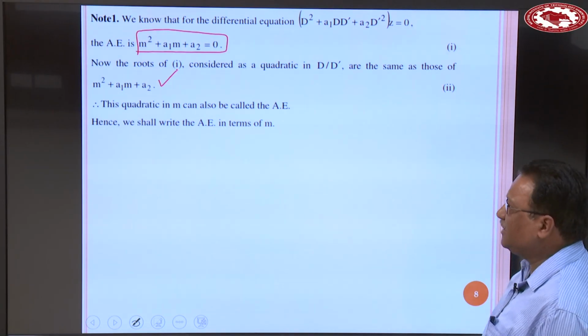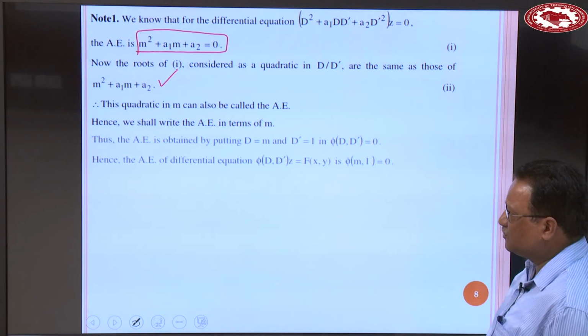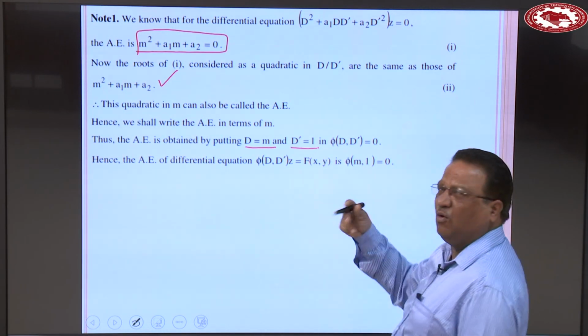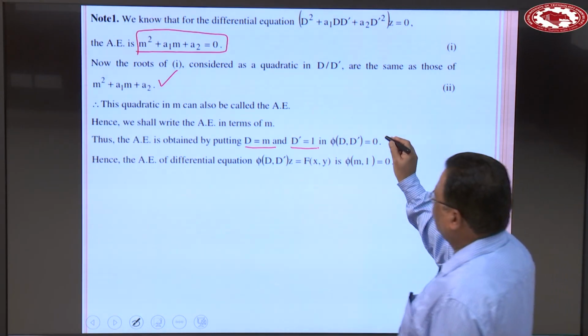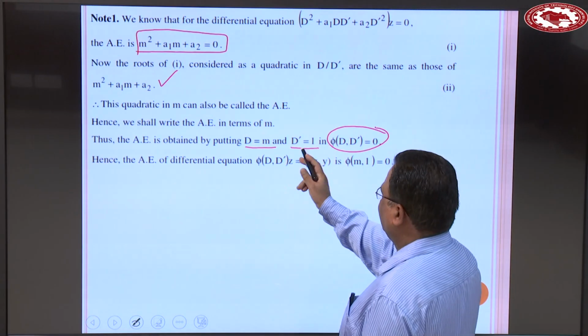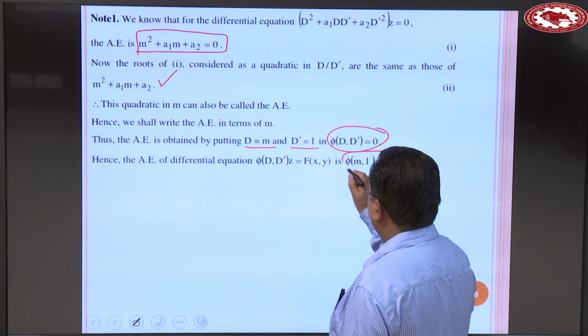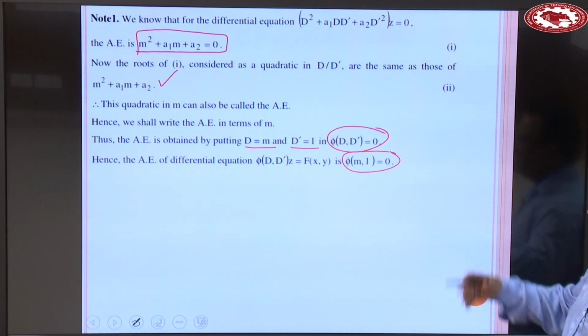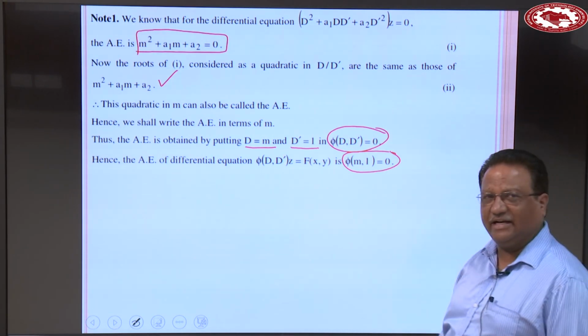Hence we shall write the auxiliary equation in terms of m. The auxiliary equation is obtained by putting D = m and D' = 1. So when you substitute D = m and D' = 1, the auxiliary equation becomes φ(m, 1) = 0. That is one way to represent the auxiliary equation.